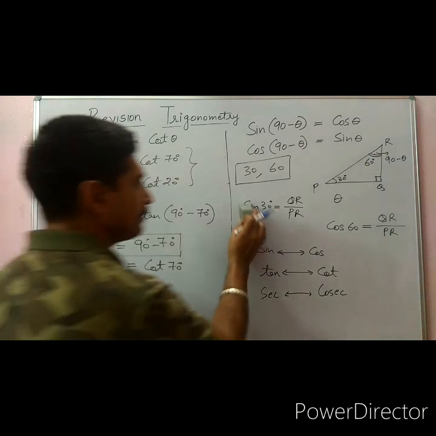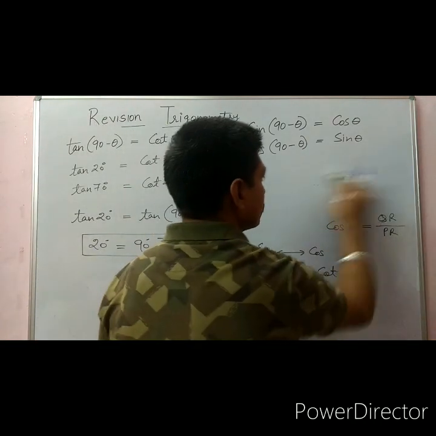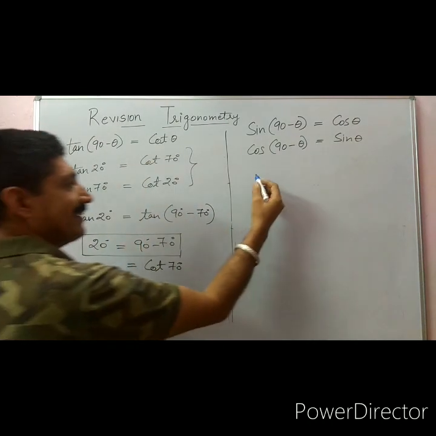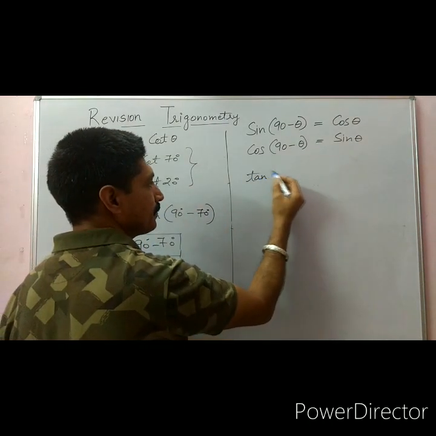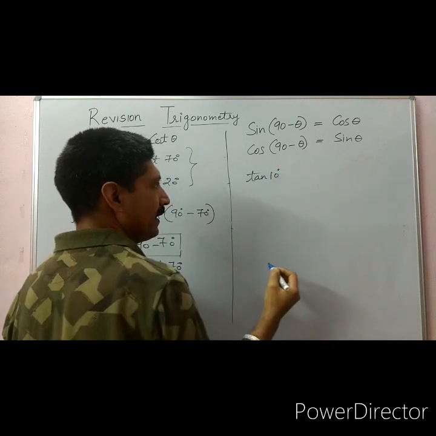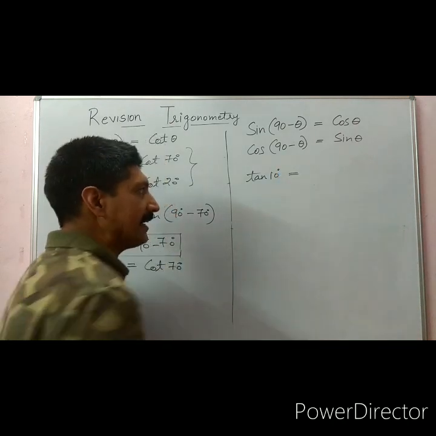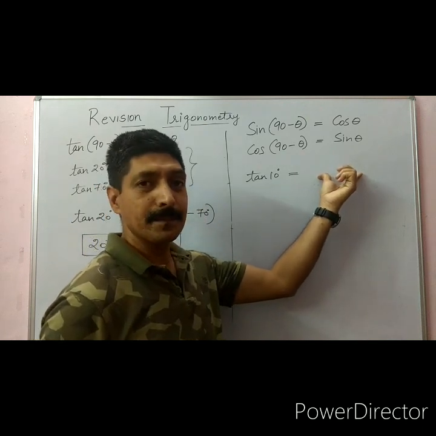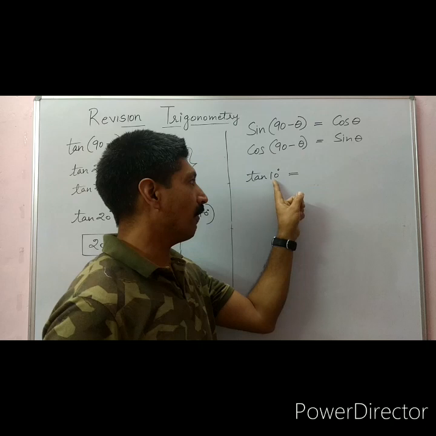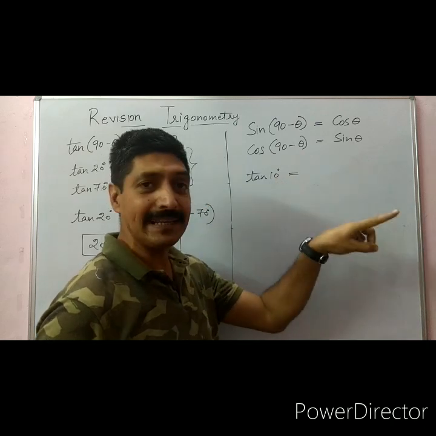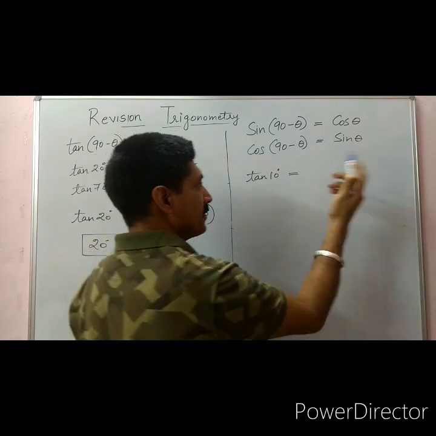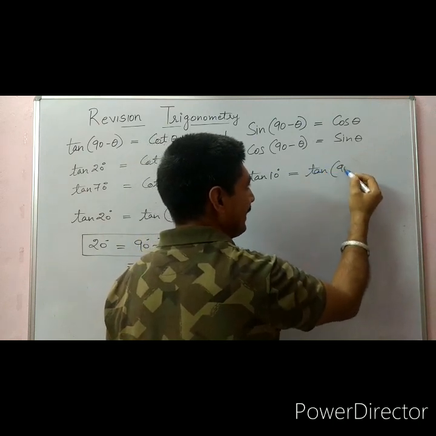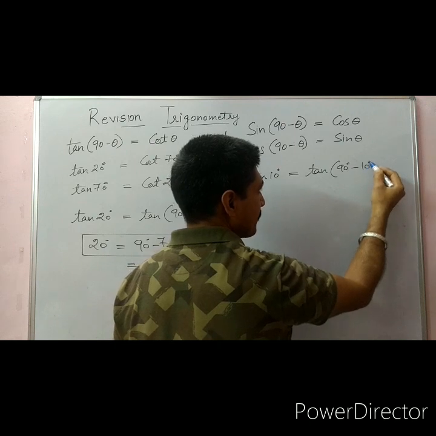In the same way, suppose let's take tangent of 10 degree. Tangent of 10 degree, if directly I want to give the answer, it is cotangent of 80 degree, because complementary angle of 10 is 80. But if we want to insert the formula, we can write first tangent of 90 minus 10 degree.